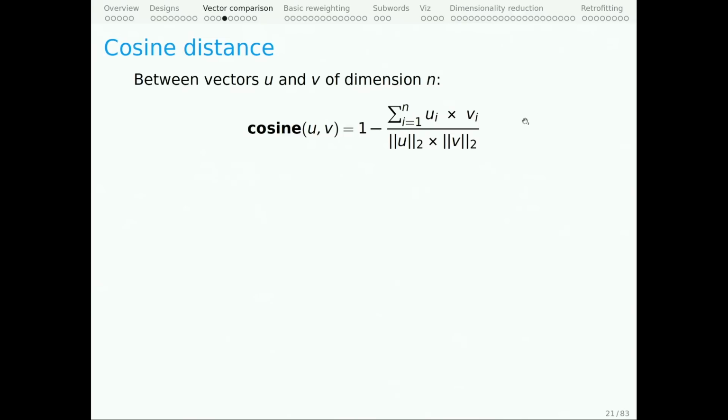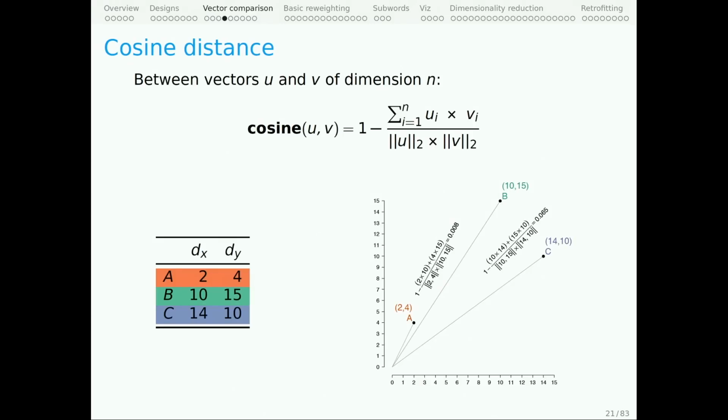The part after the 1 minus is cosine similarity, but I've regularized everything about this framework into distances, so I do 1 minus that value. The numerator is the dot product of the two vectors, and the denominator is the normalization factor, the product of the two L2 lengths. So I'm doing this dot product comparison, but I'm also controlling for the length of the vectors.